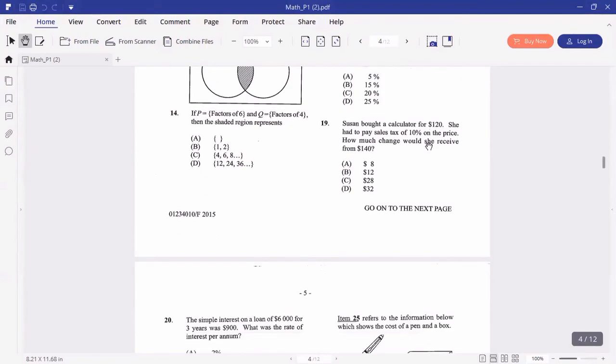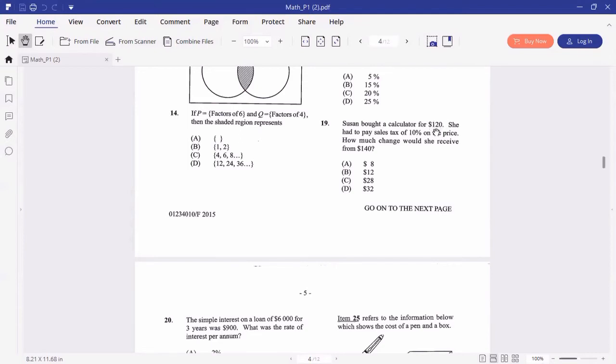It says Susan bought a calculator for $120. She had to pay sales tax of 10% on the price. How much change would she receive from 140? First you need to find the total cost that she ended up paying for the calculator.